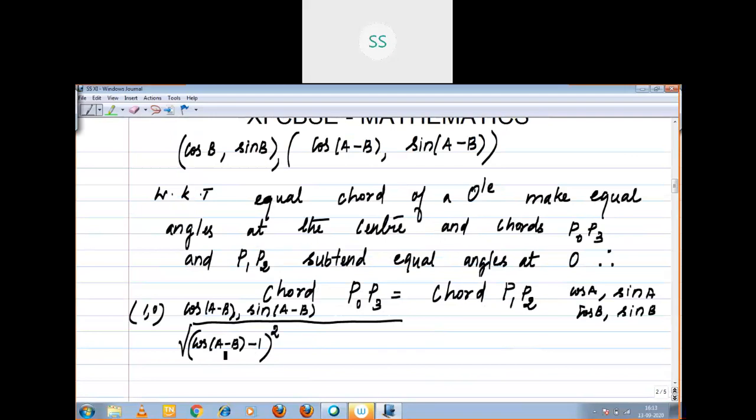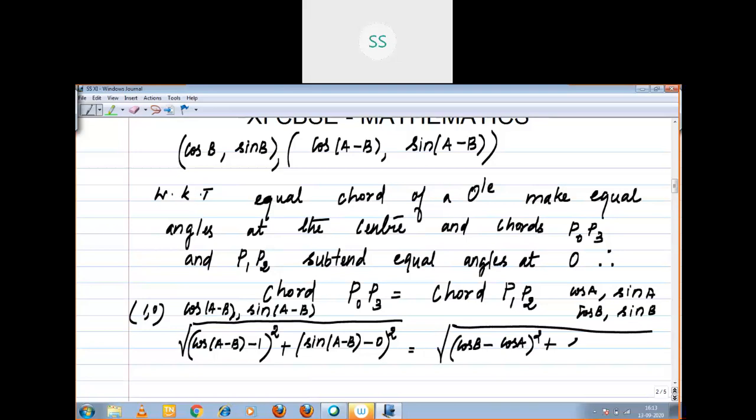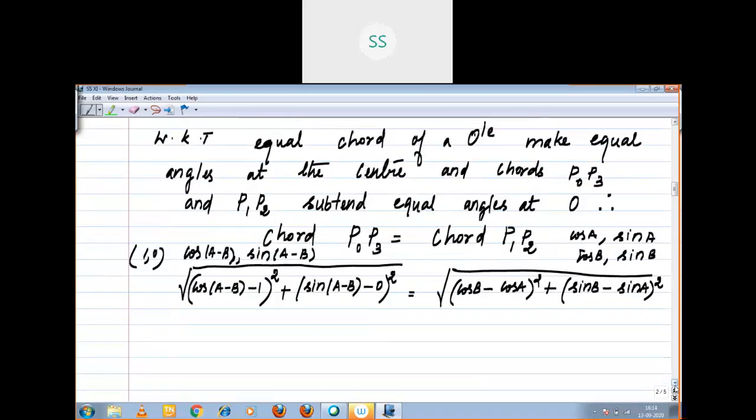Now, square root of (cos(A minus B) minus 1) the whole square plus (sin(A minus B) minus 0) the whole square is equal to square root of (cos B minus cos A) the whole square plus (sin B minus sin A) the whole square.